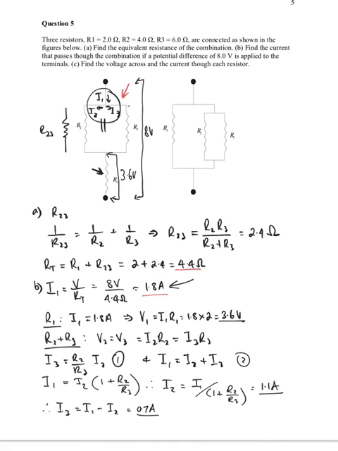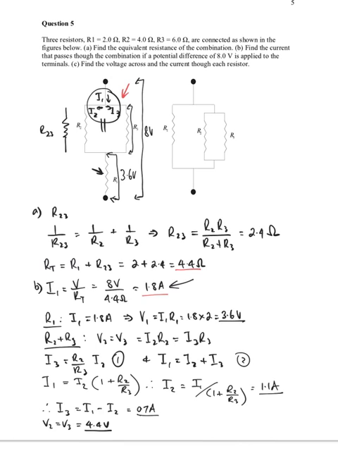So the voltage drop across here has to be 8 minus 3.6. Okay, so that's going to be 4.4 volts. So V2 equals V3 is 4.4 volts. No worries. So we've got everything. We've found the voltage across and the current across each resistor.